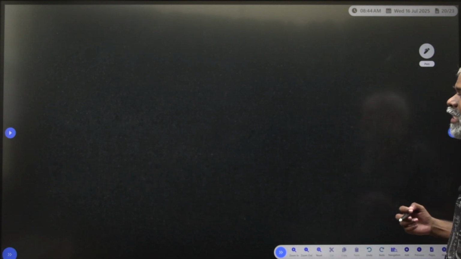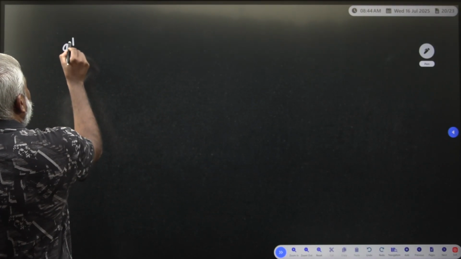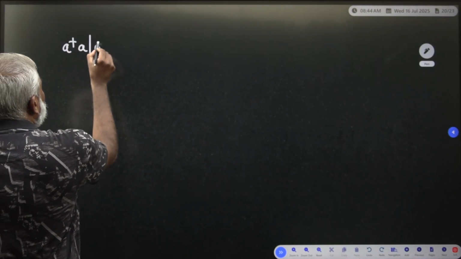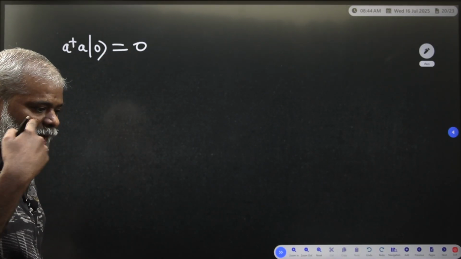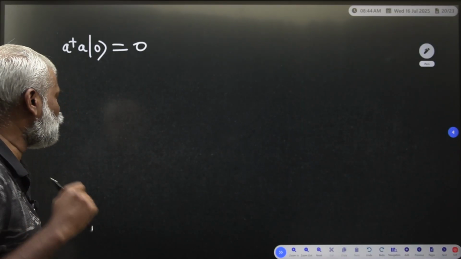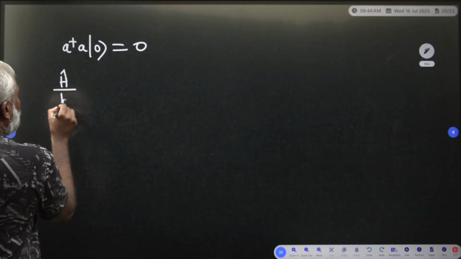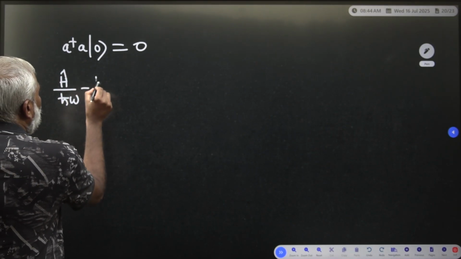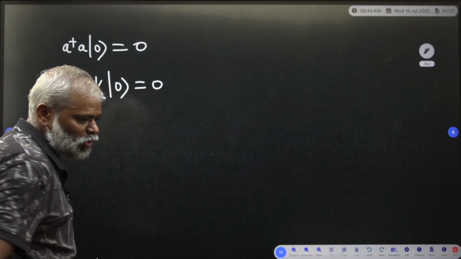Now we already know that a dagger a, operated on ket 0, gives 0, because a lowers the state, and again you get 0. But a dagger a is equal to H by ħω minus 1 by 2, acting on ket 0, equal to 0.